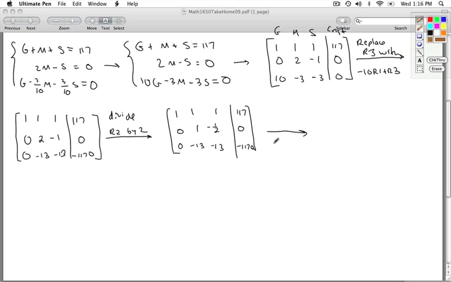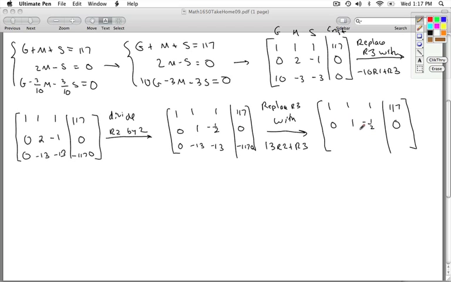The next step in the Gauss-Jordan elimination is to get a 0 beneath the 1 here. To accomplish that, I'm going to replace row 3 with 13 row 2 plus row 3. Row 1, I'm keeping as is. Row 2, as is.